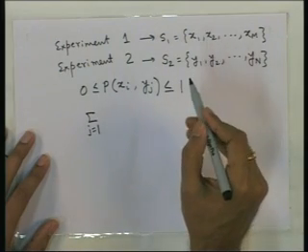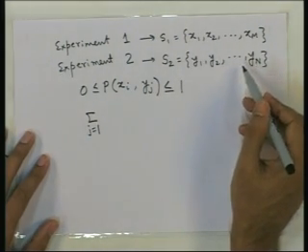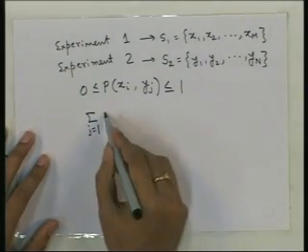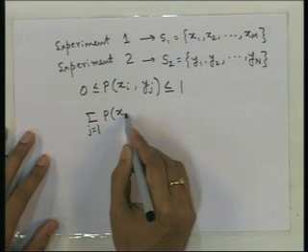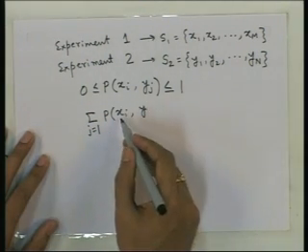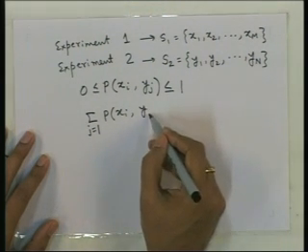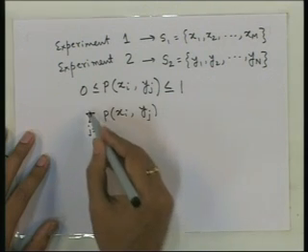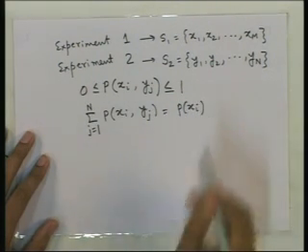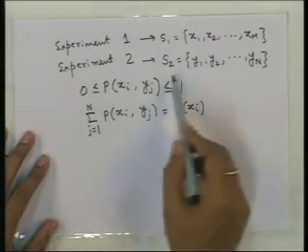So, the second outcome can be y1, it can be y2, or it can be yn. So, we have to take the sum of all such probabilities, that is the probability that the first outcome is xi but the second outcome is y1, then the probability that the first outcome is xi but the second outcome is y2, and so on. So, we have to take the sum over all j, and this will be the probability of the first outcome being xi.